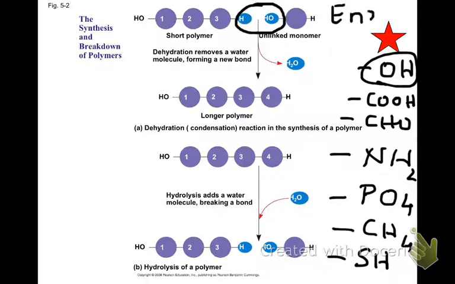Please remember, all of these things don't just happen by magic. They definitely need an enzyme to act on it inside a cell, the right conditions, the right amounts of energy, and so on and so forth. So it removes a water molecule. Removal of a water molecule means dehydrating, and that will make it form a bond.